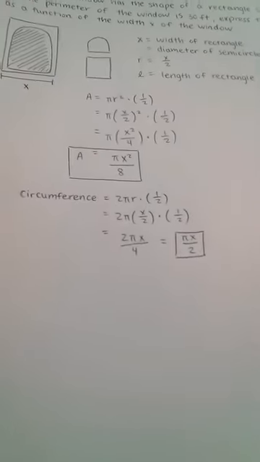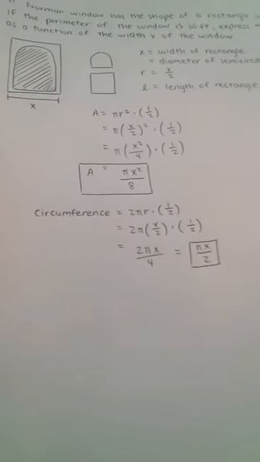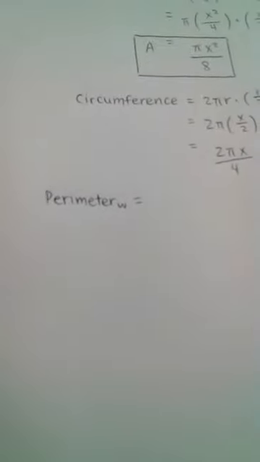And now we will try to find the perimeter of the entire window. So the perimeter of the entire window is going to be the perimeter of the semicircle, or the circumference, plus the perimeter of 3 sides of the rectangle.